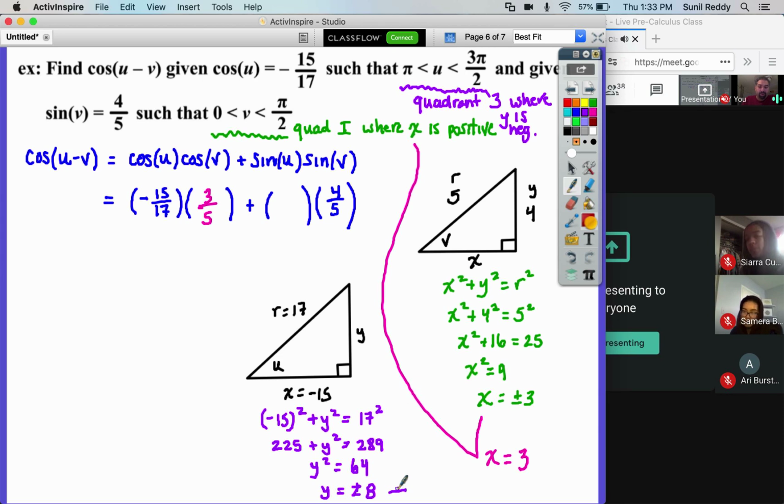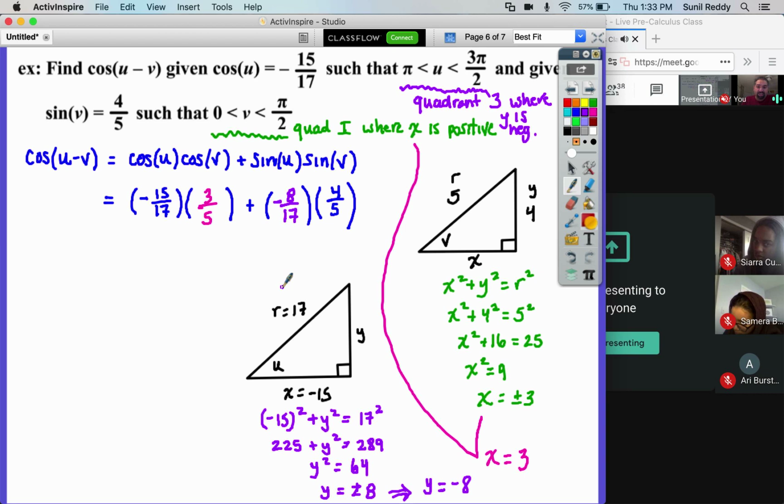So now I know that when y equals plus or minus 8, in this problem, I really have that y equals negative 8. And so the sine of u, in my formula, which I didn't know before, I now know is negative 8 divided by 17. The y value divided by the r value.